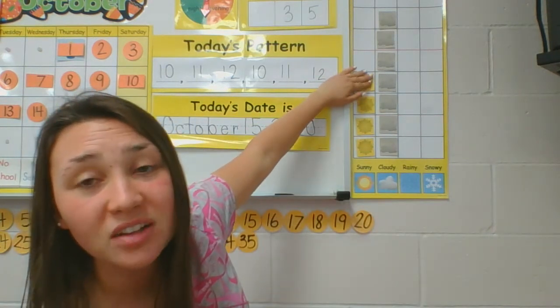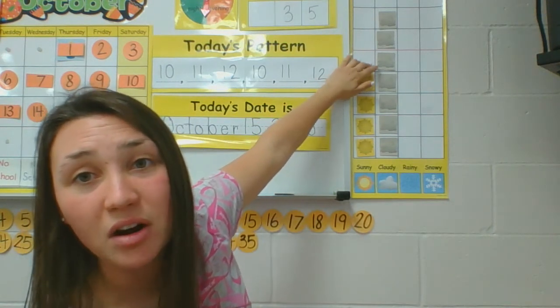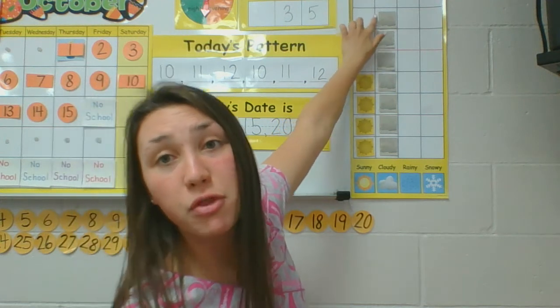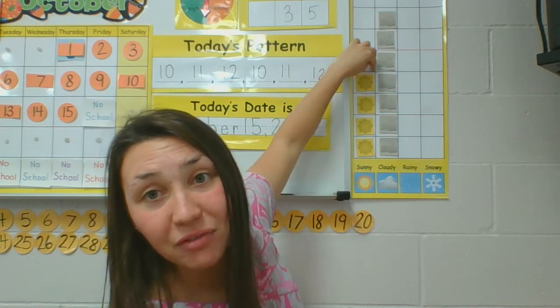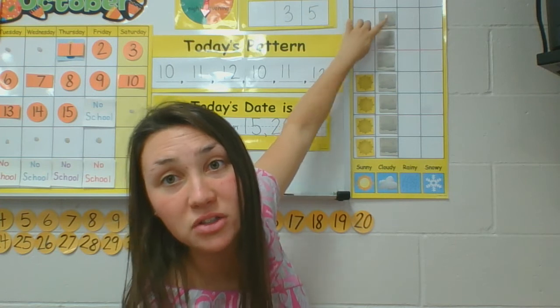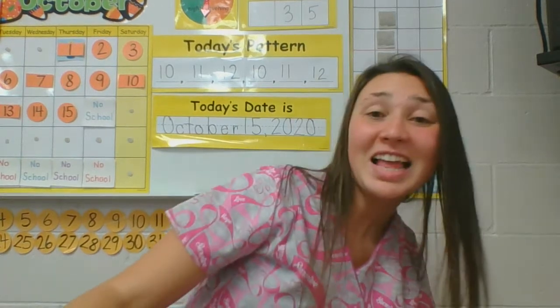And here's how you can tell. After the sunnies are done, you can see that there are 1, 2, 3 more after the sunnies cut off here. So cloudies are taking the lead for us. Let's move on to our last part of today, which is going to be shapes.